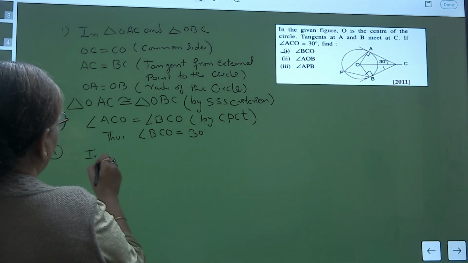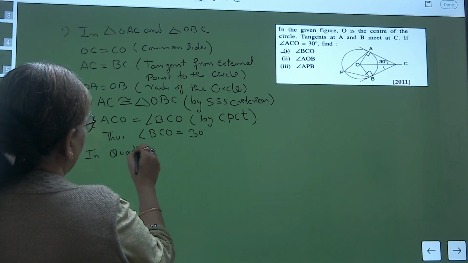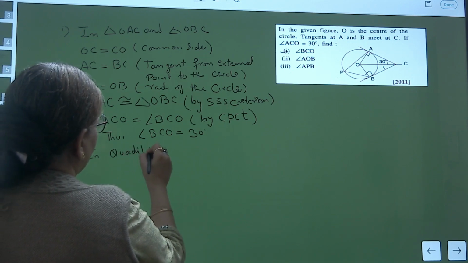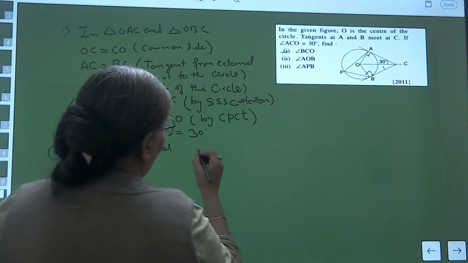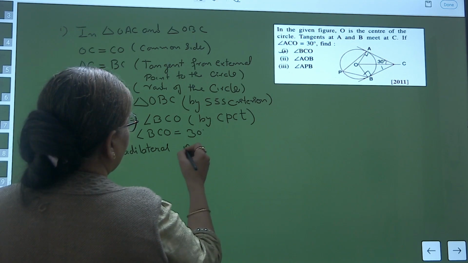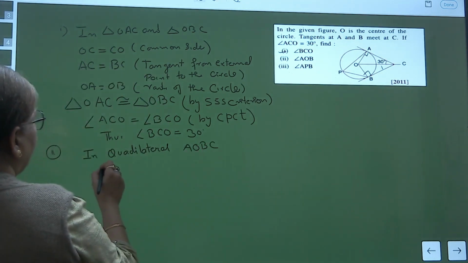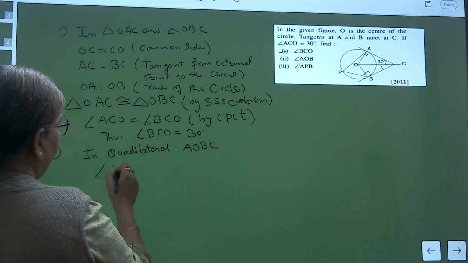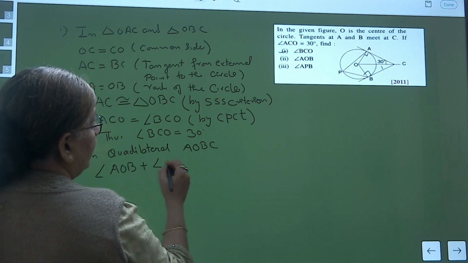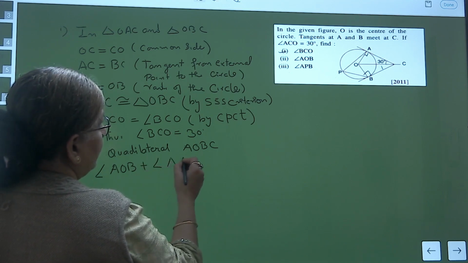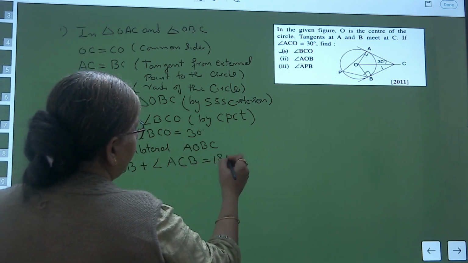So we can say in quadrilateral AOBC, angle AOB plus angle ACB is equal to 180 degrees.